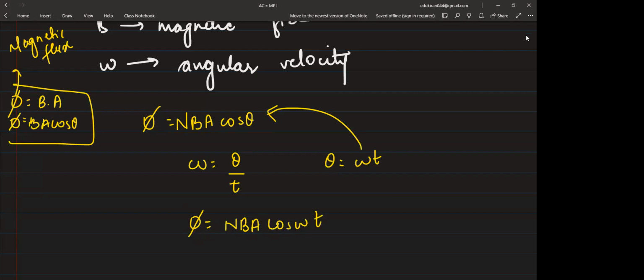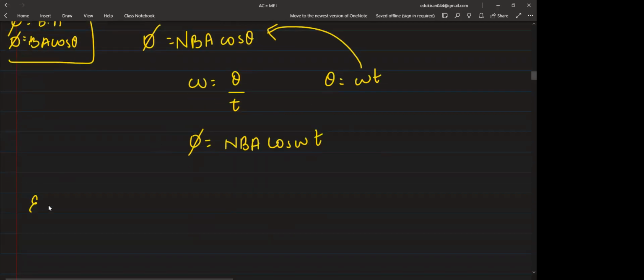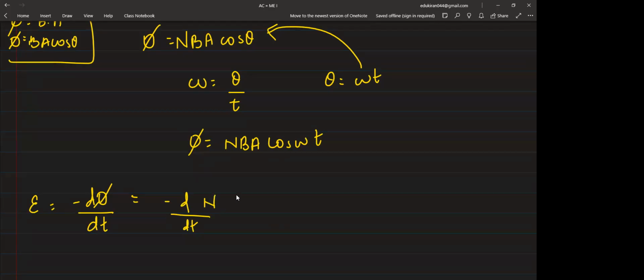Now I have told you one thing, that the formula of EMF is minus d phi over dt. Correct? D phi means we are differentiating. It means d phi over dt, you have to differentiate NBA cos omega t.